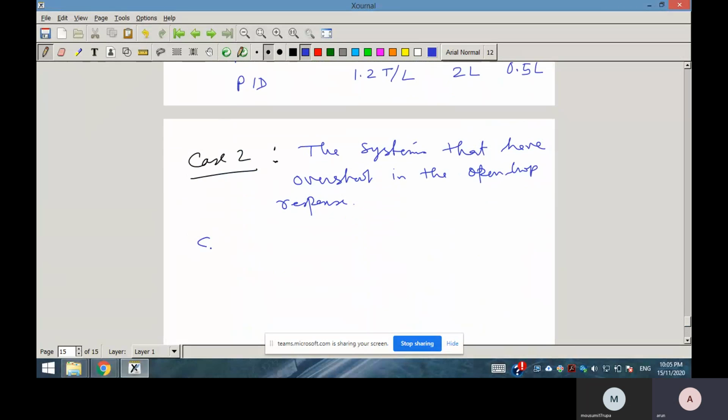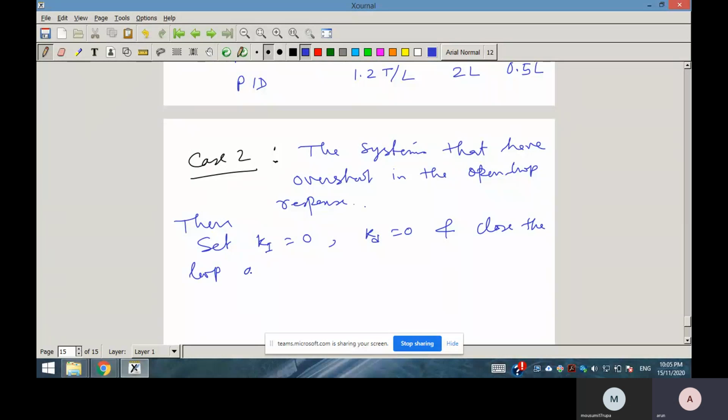So the procedure: set Ki equal to 0 and close the loop.